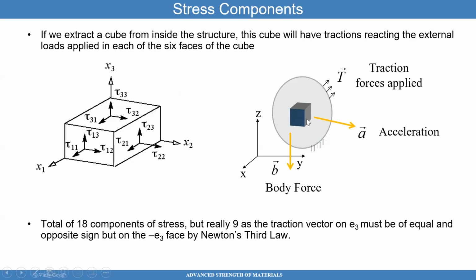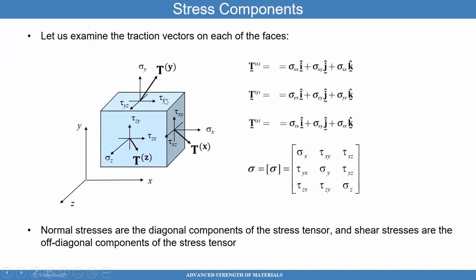And so that's why the free body diagram: I cut this little cube out, plotted it, and what you see here is these three traction forces shown in this picture. But if I took this traction force, for example, the one on the right-hand side, this is very important for you to understand because it's going to make it more clear what we're looking at. So I have this traction force acting at an arbitrary orientation on that surface.